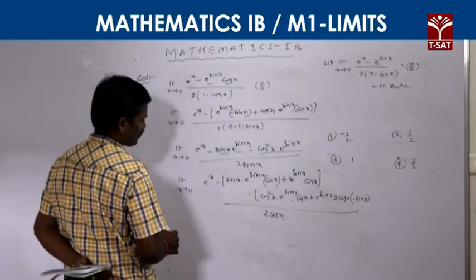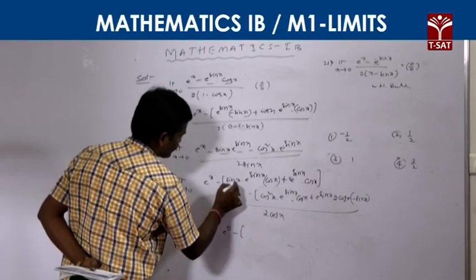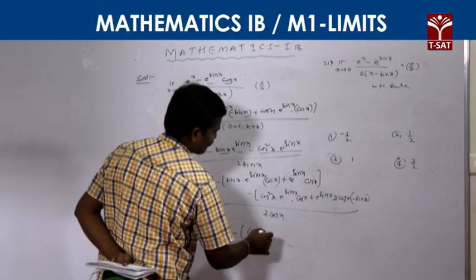Now substitute x equals 0 in the numerator. e^0 is 1, minus sin 0 is nothing but 0.